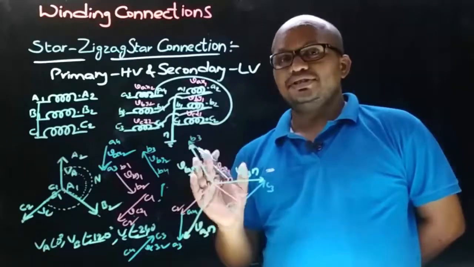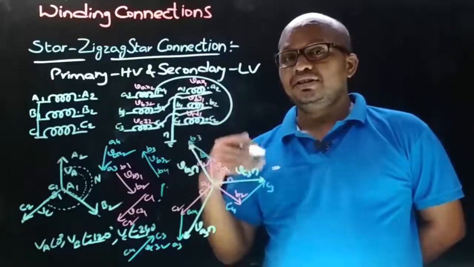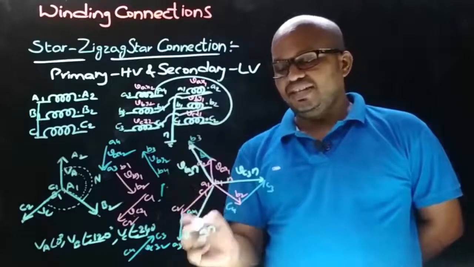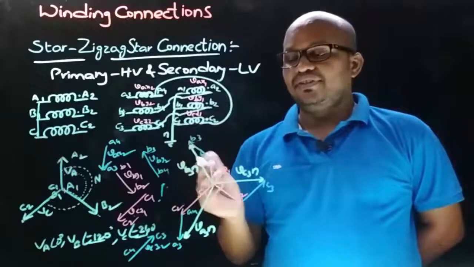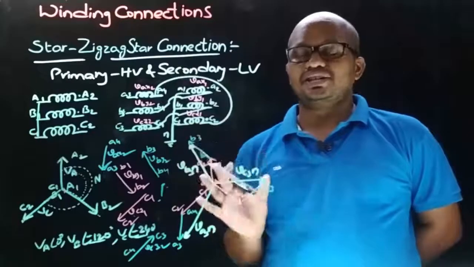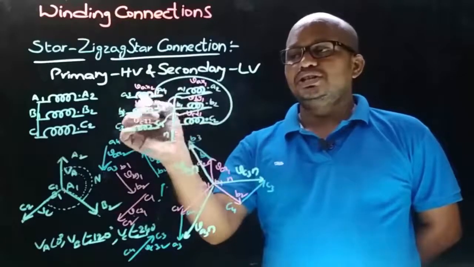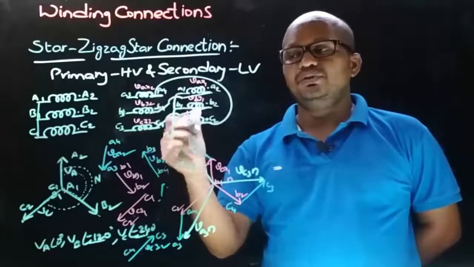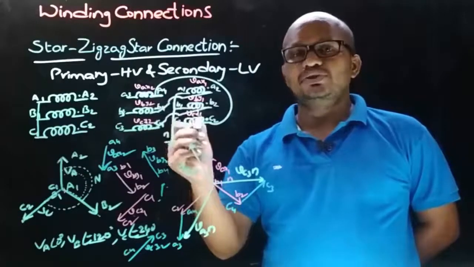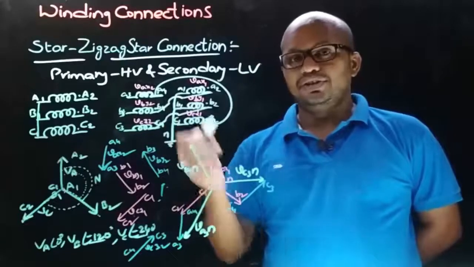Therefore, now the resultant voltage is VA3N. So this is the phasor diagram for this zigzag star connection, which is having the phase voltages of VA3N, VB3N and VC3N, and each phase voltage in zigzag star connection is the vector sum of the two voltages induced in the two windings of different phases, which are connected in phase opposition and which are offset by 120 degrees.